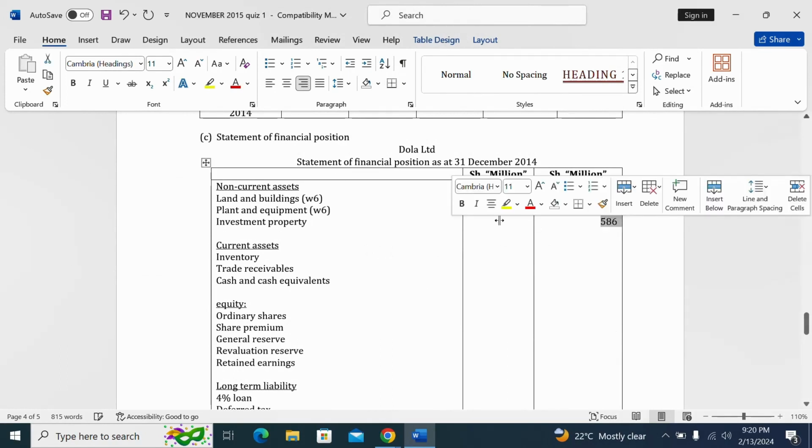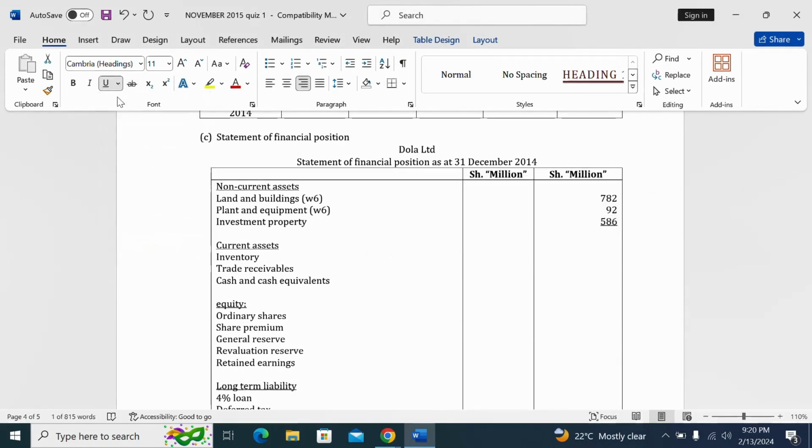Therefore, if we get this figure, 782 plus 92 plus 586, I'm getting 1460. Therefore, this now represents the total value of property, plant, and equipment.